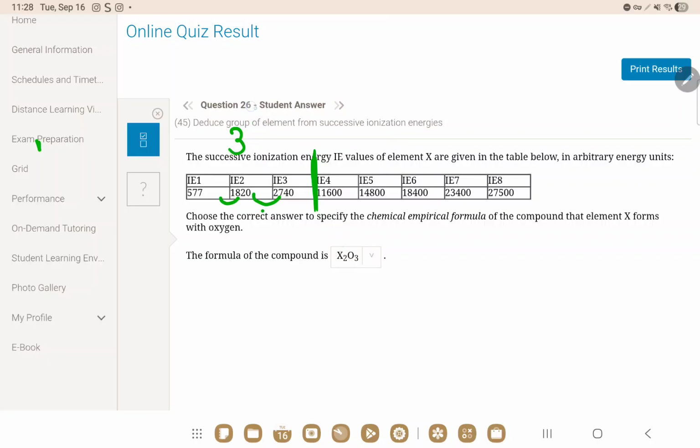Since it's with oxygen, and we know that ionization energy is the one required to remove an electron, so it's going to be positive. So it's X2 because X3 plus and O2 minus, crisscross, X2O3. Moving on.